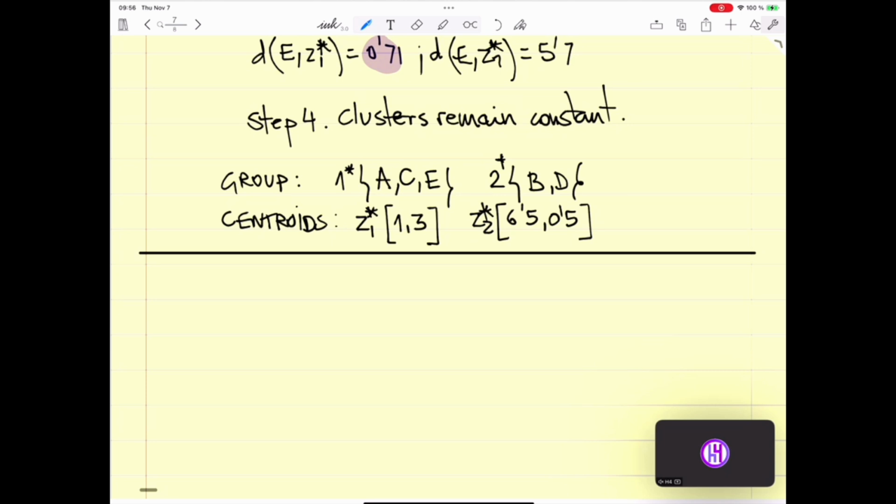So I give you one exercise. Could be something like this in the exam. Okay?